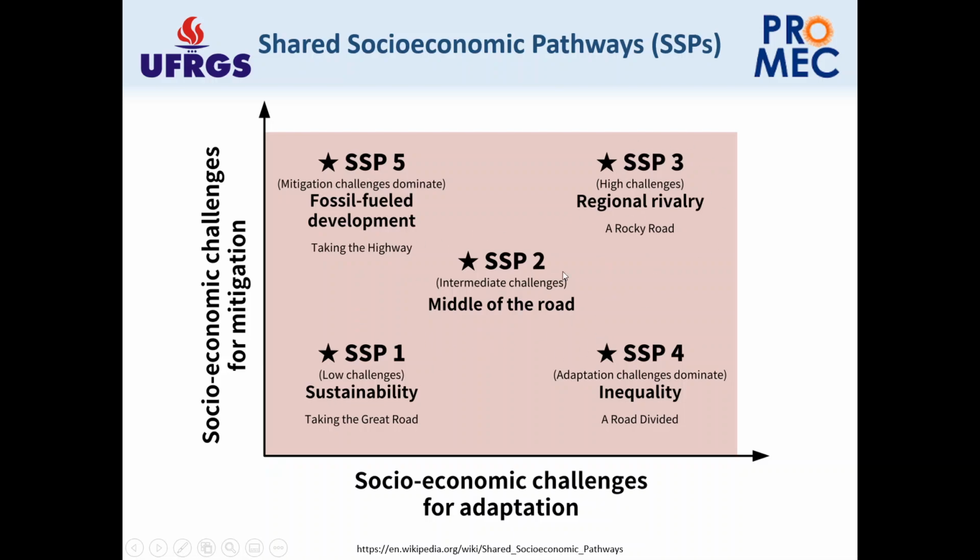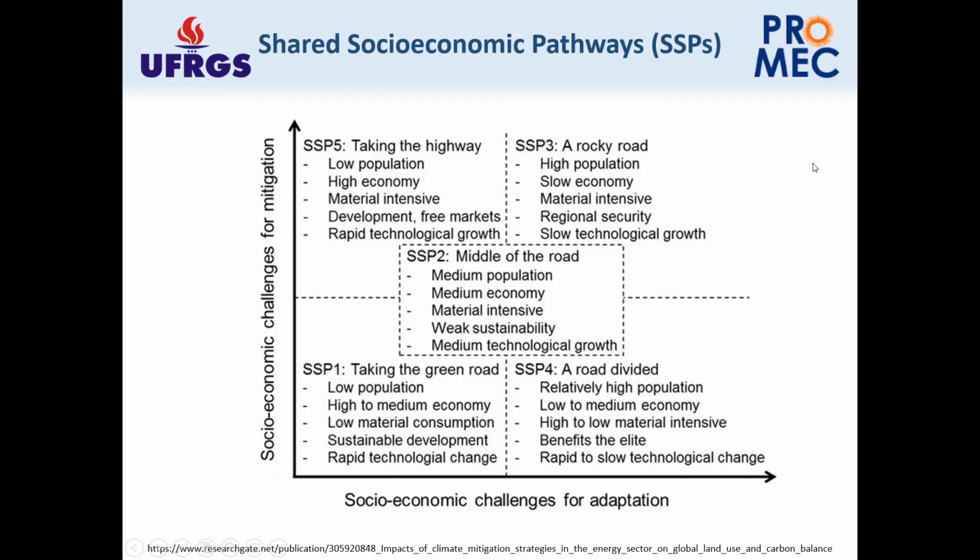And then you have the middle of the road, which is not one or the other, it's a bit of everything, which is more or less what we're having today. SSP 2 is the most accepted and most used socioeconomic pathway. Not sure if I managed to express myself clearly. If you guys have some questions about this, please ask.